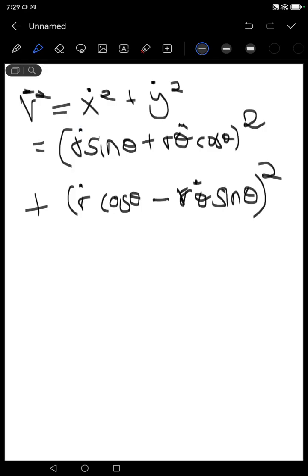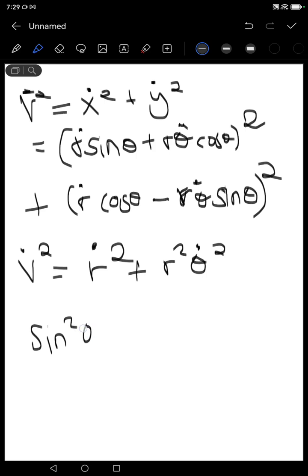Now we can open the two brackets and multiply. We end up with v dot squared as r dot squared plus r squared theta dot squared. After simplifying, we end up with sine squared theta plus cos squared theta, and we know that this equals 1.